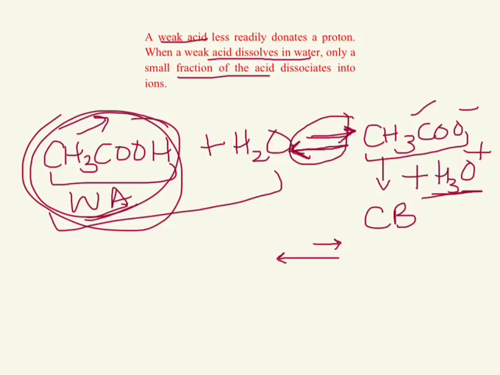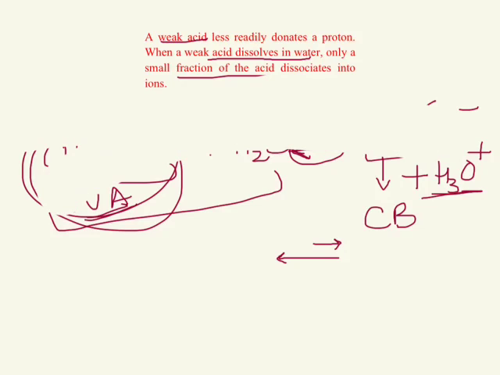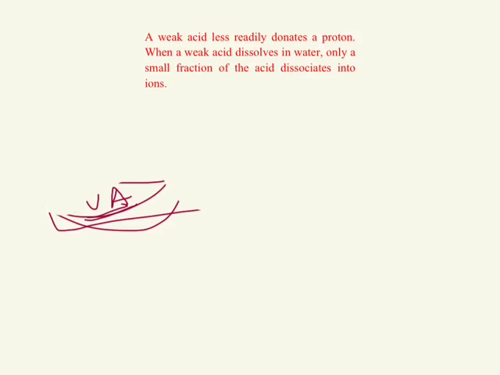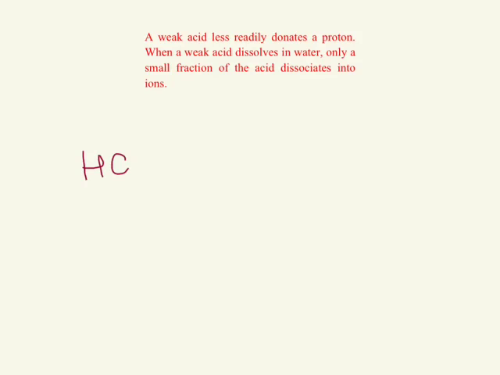Let's do a problem here. Let me get rid of this. Here, I'm going to write down a reaction. For example, let's say this is the reaction: hydrogen cyanide reacting with hydroxide ions to form CN minus and H2O.